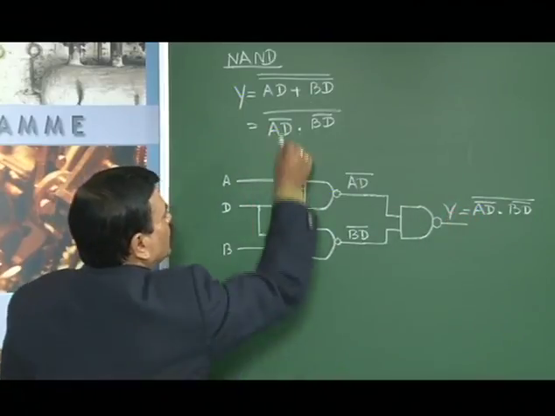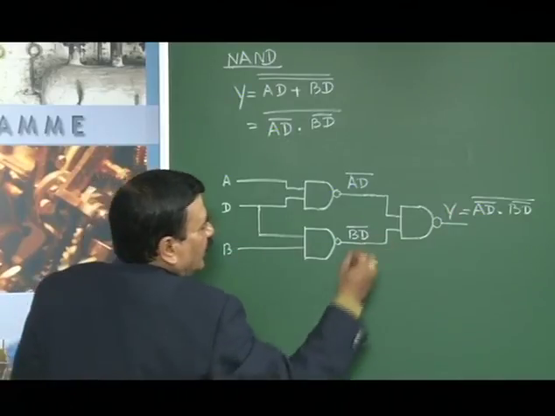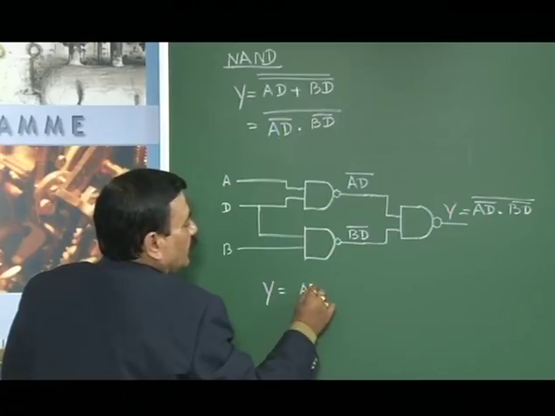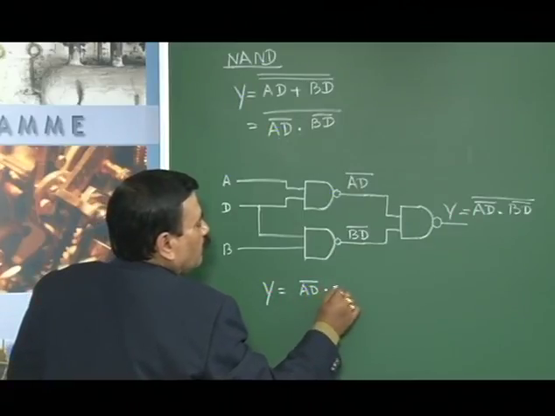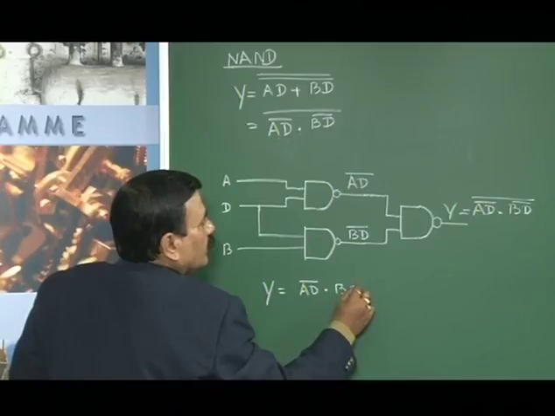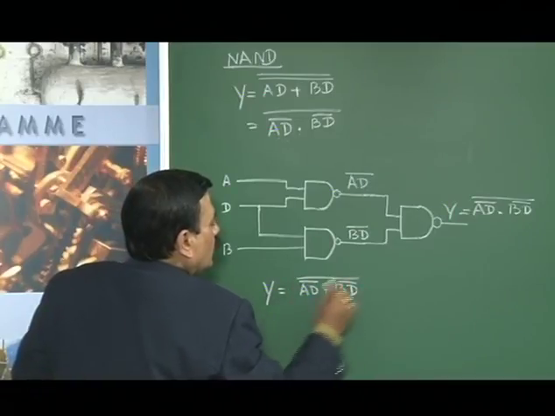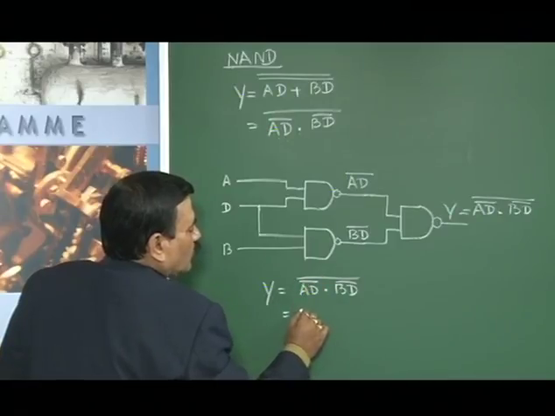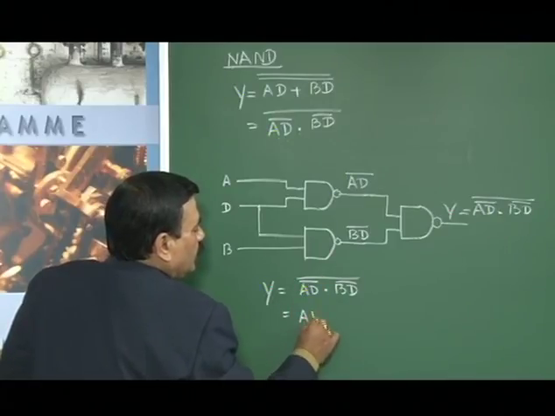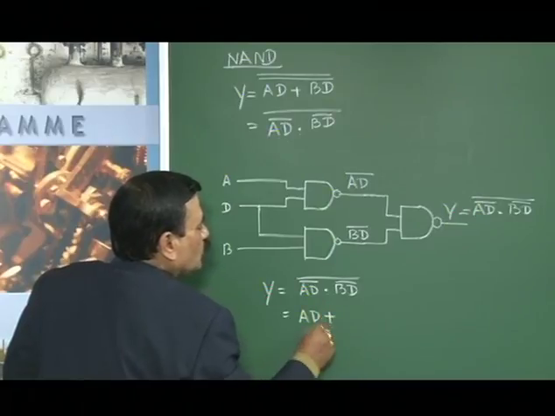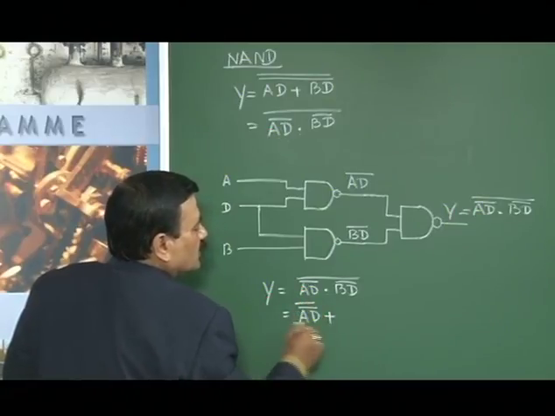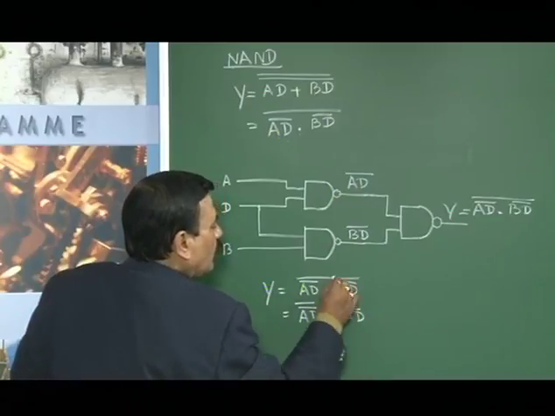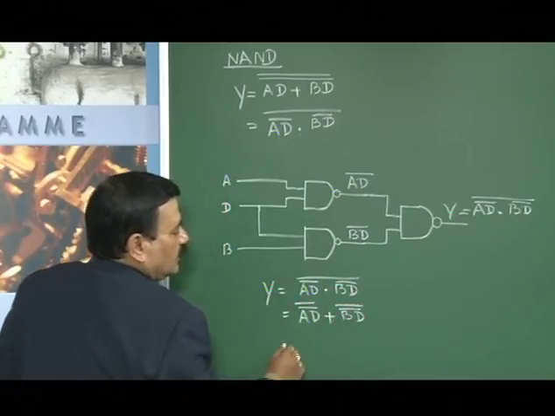How we have split is already known. Once again, taking this Y equal to AD bar dot BD bar, whole bar, if we remove this complement, then automatically the dot is removed, and along with that we get this double bar on AD bar and BD bar because of De Morgan's theorem.